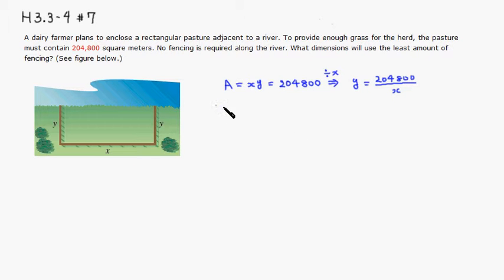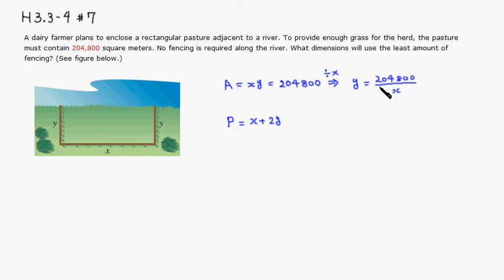Then we look at the perimeter, P, or fencing, which is going to be x plus 2y. Right?